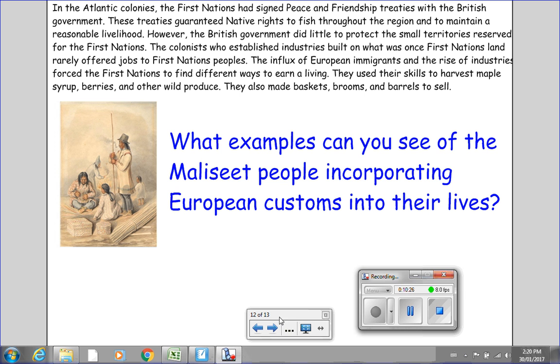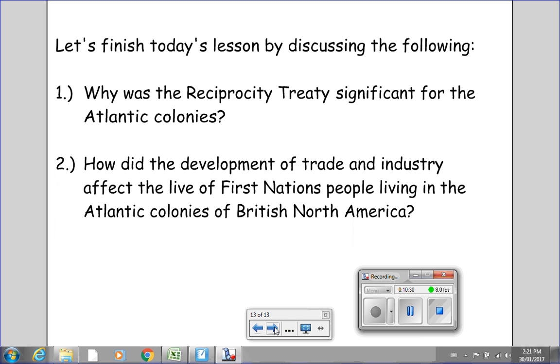All right, time for the wrap up. Let's finish today's lesson by considering the following, and we'll discuss this in tomorrow's class. Two questions. Number one, why was the Reciprocity Treaty significant or important for the Atlantic colonies?